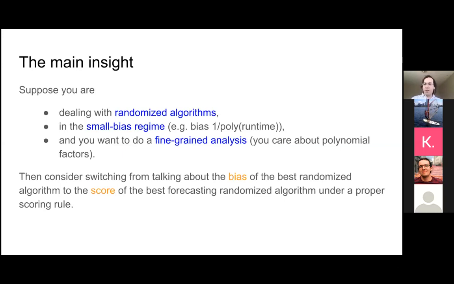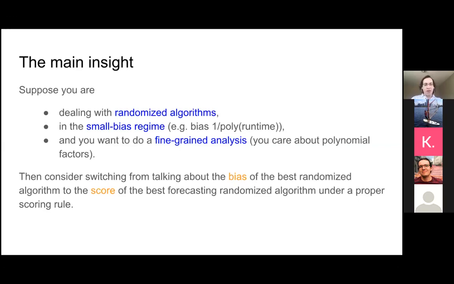So we wanted this amplifiability property. And the second property we need is that score is polynomially related to the bias, in this case, quadratically. And both of these properties we don't know how to show for any other scoring rule. So it's kind of interesting that the one scoring rule happened to satisfy both.